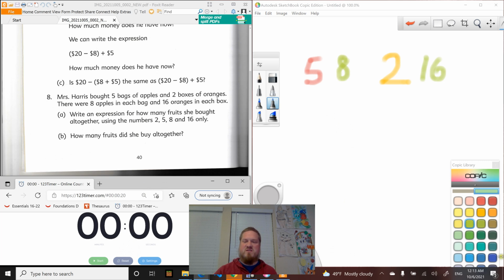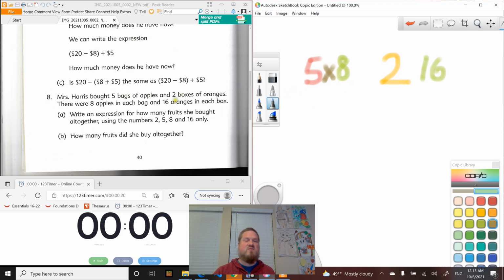Otherwise, we have to put in some operators and some parentheses here, because now that we're doing multiple expressions in the same equation, they want you to use parentheses. So if we have 5 bags of apples and 8 apples in each bag, that's a multiplication problem. 8 apples per bag times 5 bags, right? Times 5 times 8.